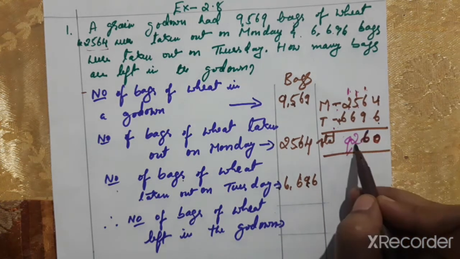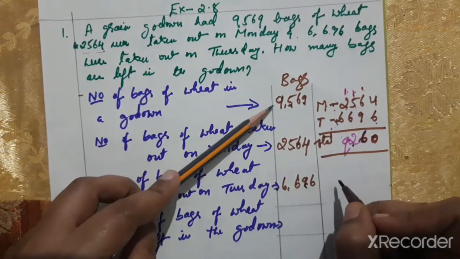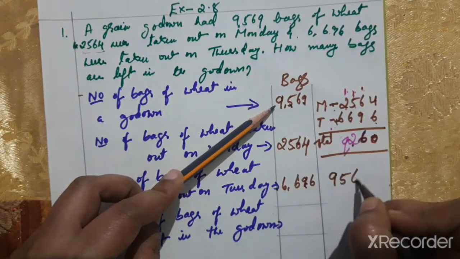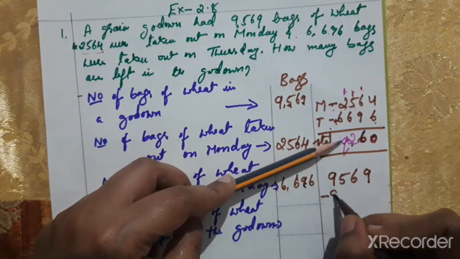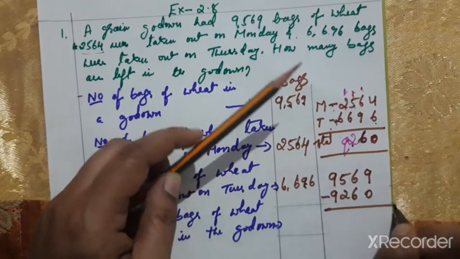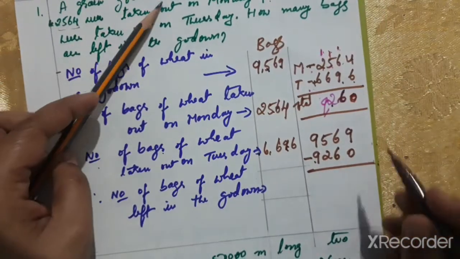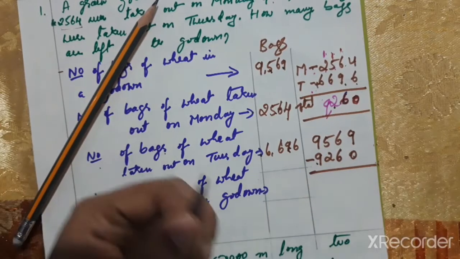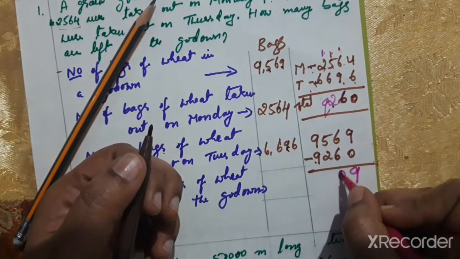Now we have to subtract this from the total number of bags in the garden. 9,569 bags are in the garden. In that, 9,260 bags were taken out on Monday and Tuesday together, so we have to subtract. 9 minus 0 is 9. Now 6 minus 6 is 0.